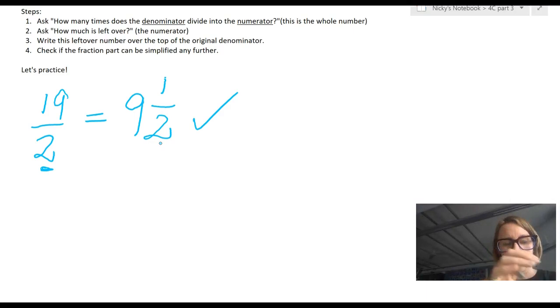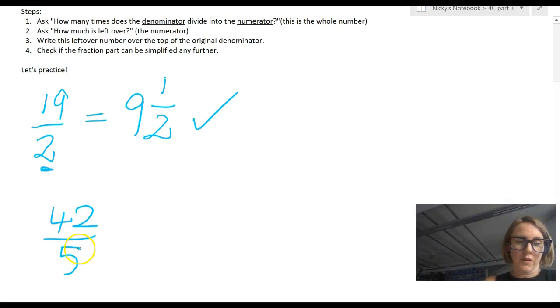Let's do another example. Okay, let's say I have an improper fraction of 42 over 5. Okay, so again, I'm asking how many times does my denominator fit into my numerator before it goes over that number.